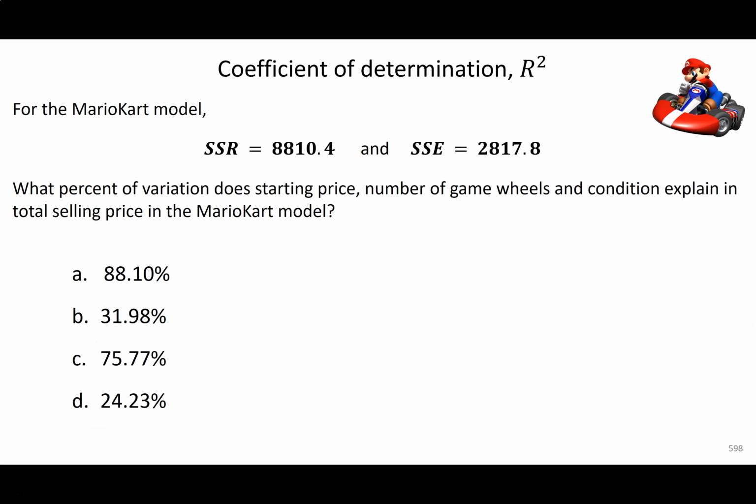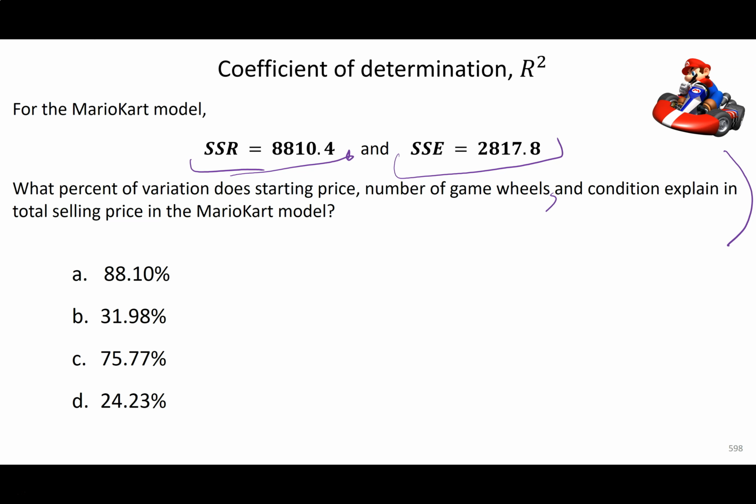Looking here at the Mario Kart model, we have a sum of squares regression of 8,810.4 and sum of squares error 2,817.8. We want to know what percent of variation in total selling price is explained by starting price, number of game wheels, and condition.